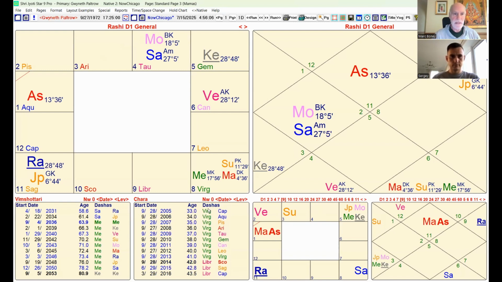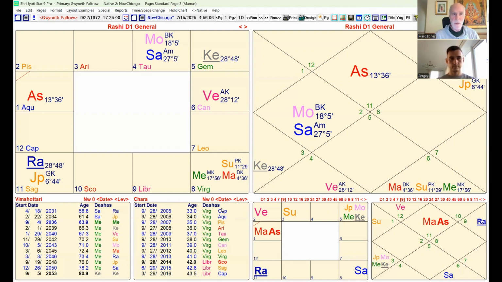So she married in her Virgo Capricorn period. Now look at Virgo. It contains 3 grahas and 3 special Jaimini karakas: Sun as the PK, Mercury as the MK, but Mars as the DK. So containing Mars, it becomes eligible for giving her marriage.